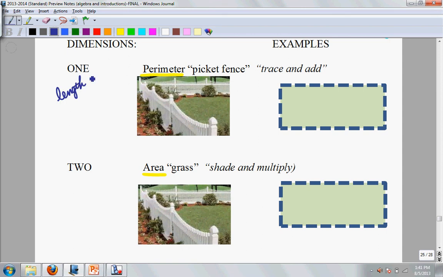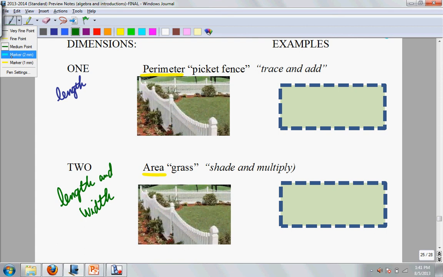Just length. And two dimensions is when something has length and width. So one dimension, just length. Two dimensions, length and width.